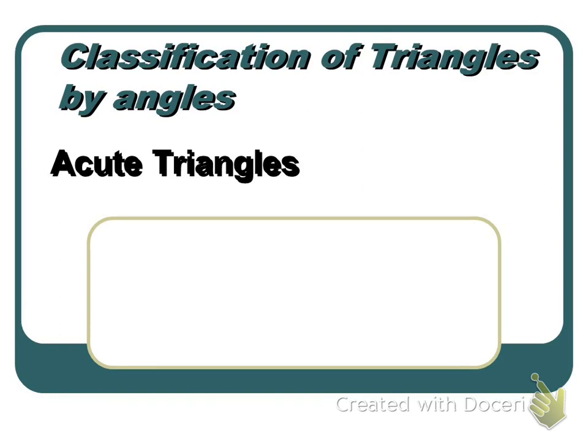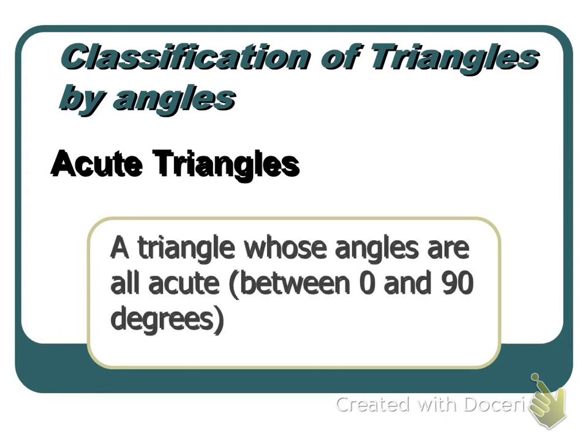All 3 angles must be acute, which means less than 90 degrees and greater than 0 degrees. If a triangle can be acute, what's the other classification based on angles? It can be obtuse, right?